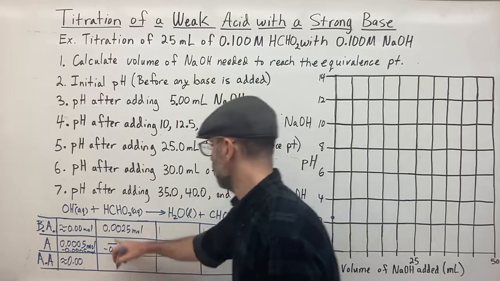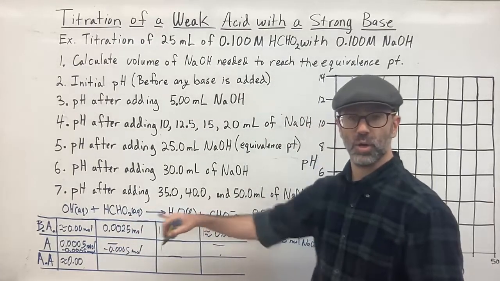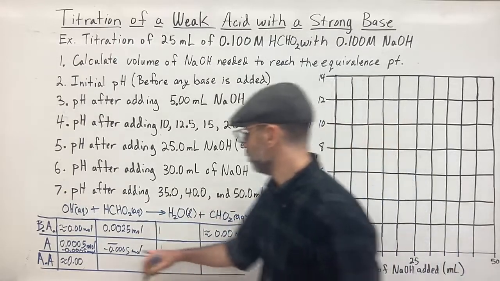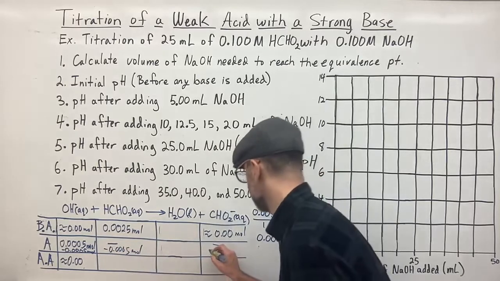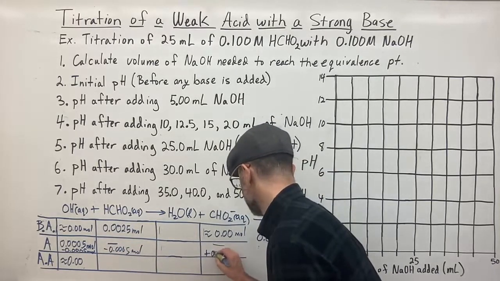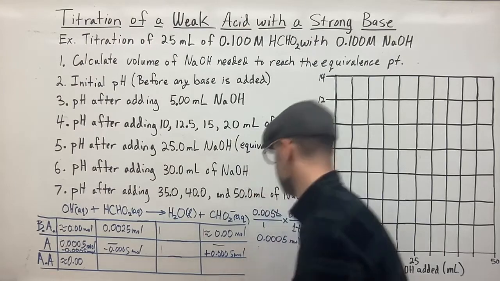And if we lost it here, since this is a 1-to-1 stoichiometric ratio, 1-to-1 mole ratio, then whatever stoichiometric amount we lose here, we gain it here. So that's going to be a plus 0.0005 moles here.